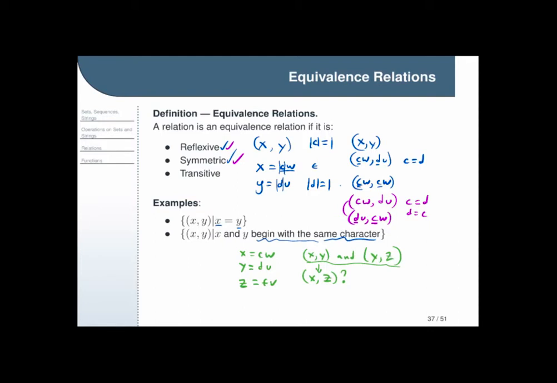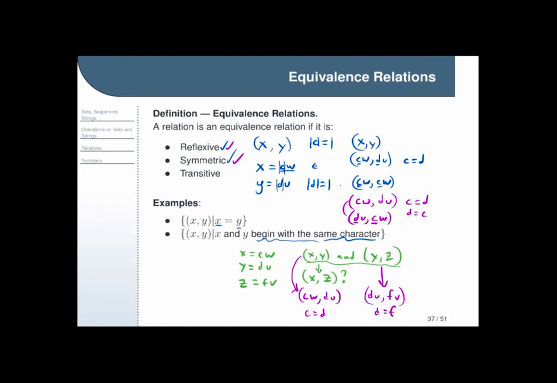Let's just do the normal substitution process. And we'll say we have CW is related to DU. That's my rewrite of XY. And DU is related to FV. That's my rewrite of YZ. Okay, so this means that C is equal to D, right? And this statement here means D is equal to F, right?